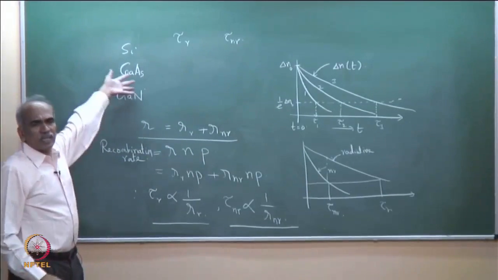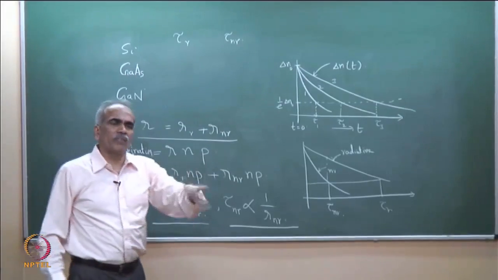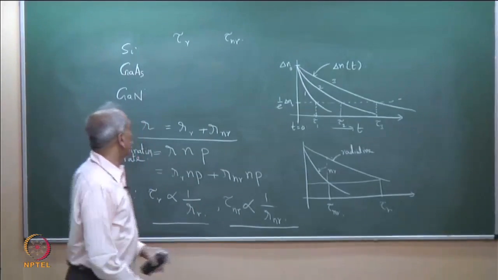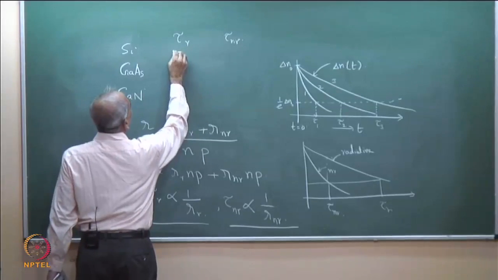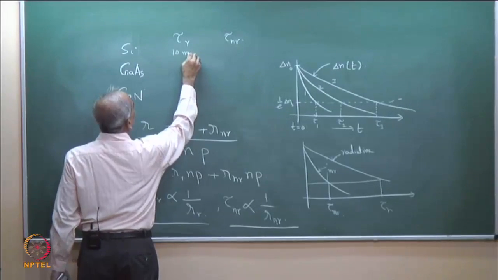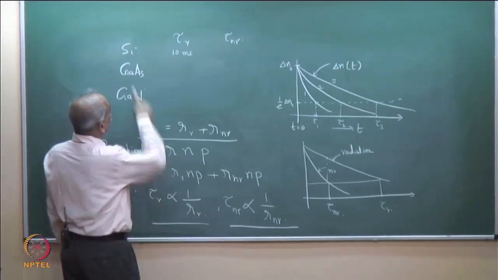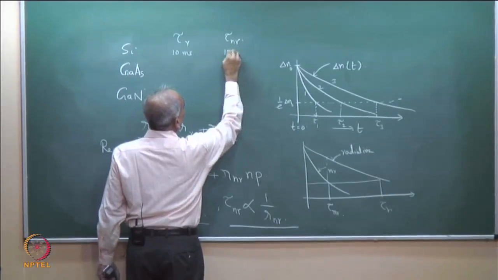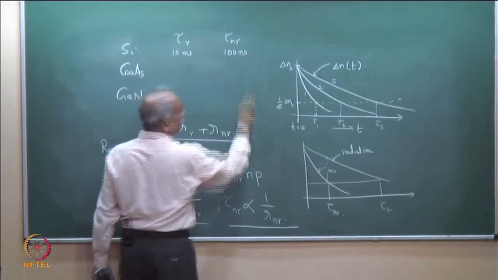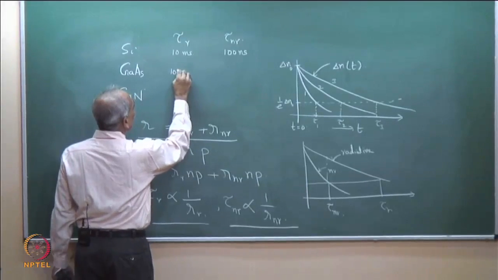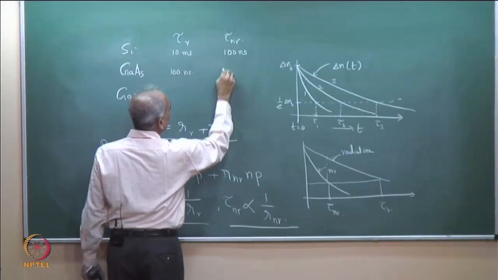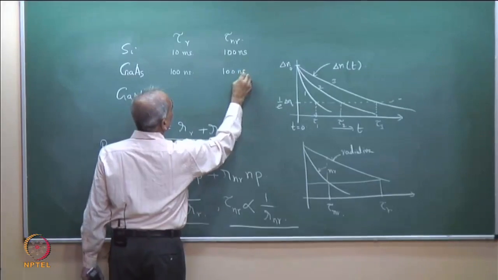A material where let us say N0 P0 is of the order of 10 to the power of 17 per cc. In silicon, the radiative recombination is of the order of 10 milliseconds, non-radiative is of the order of 100 nanoseconds. In gallium arsenide, this is of the order of 100 nanoseconds, this is of the order of 100 nanoseconds.